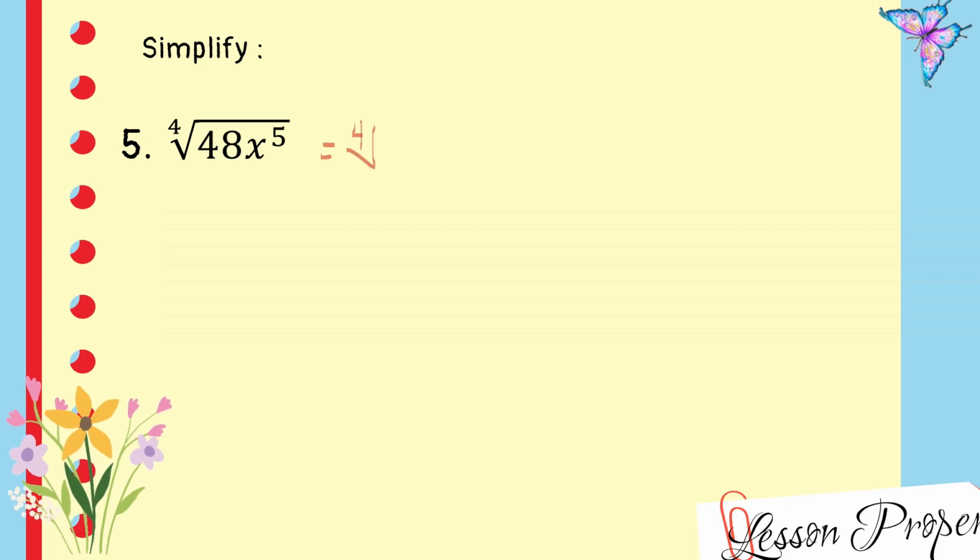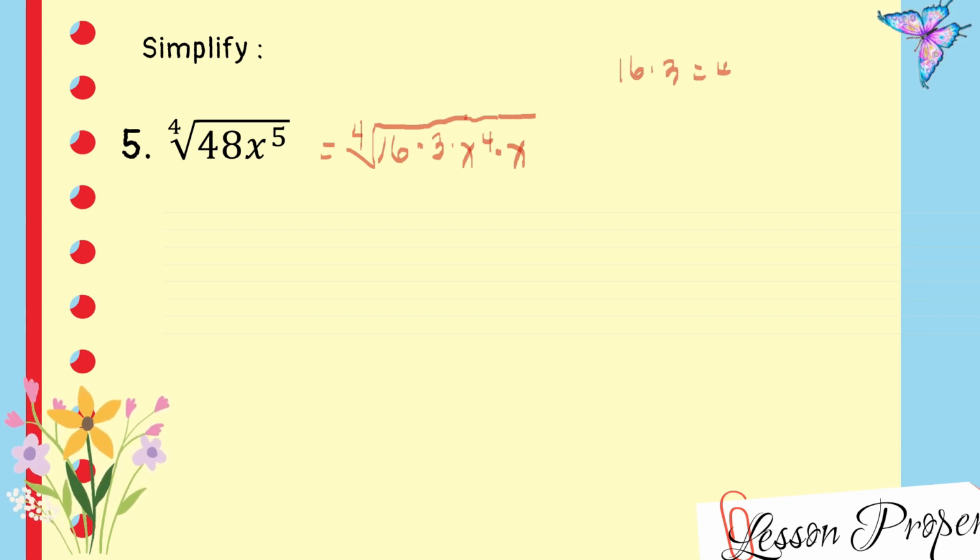What is the highest factor of 48 that is a perfect fourth power? That is 16 and 3. For x raised to 5, we factor it such that one of the exponents is divisible by the index 4. So that would be x raised to 4 times x. 16 times 3 is 48.